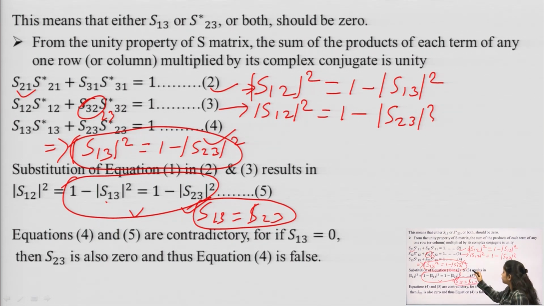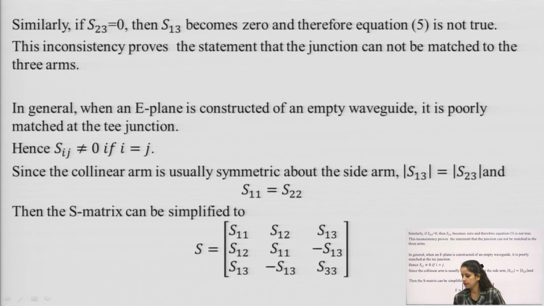That means these two equations are contradictory to each other. So, either of these equations will be false. So, if we assume that equation 4 is false here, similarly, if we say that S23 is equal to 0, then S13 also becomes 0, and therefore, equation 5 is not true. That means consistency is disturbed in the case of equation 4 and 5.